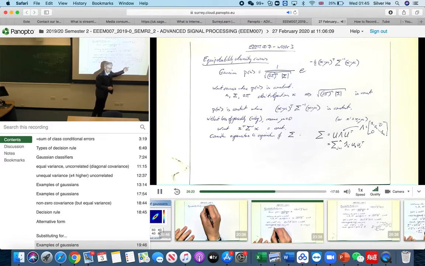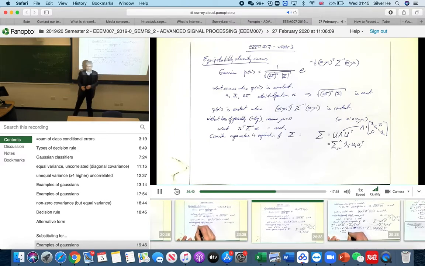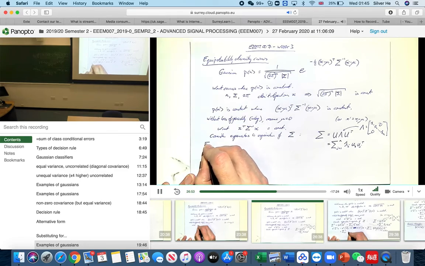So if you're not familiar with this for square symmetric matrices, go back through the material for tutorial 2 and the linear algebra material. This is a very useful way of breaking up a symmetric matrix. But this is what we normally do, but we can also do that to the inverse, sigma to the minus 1.